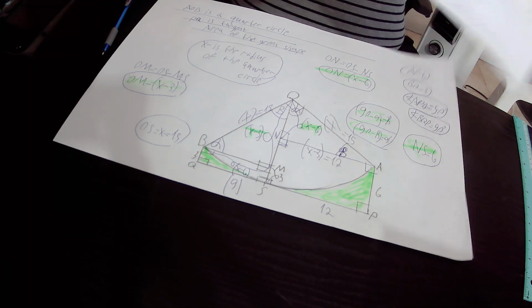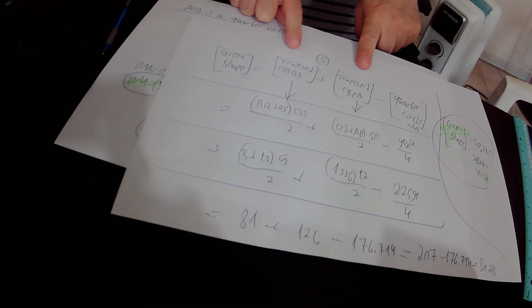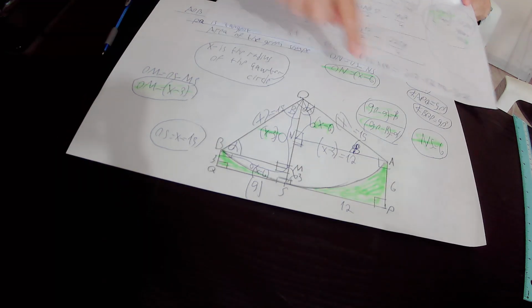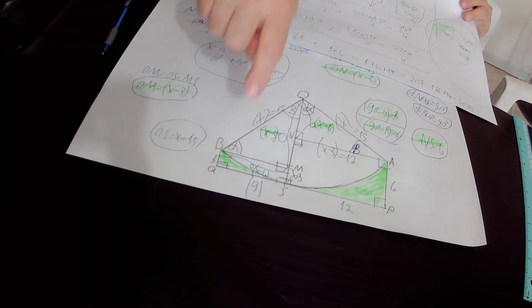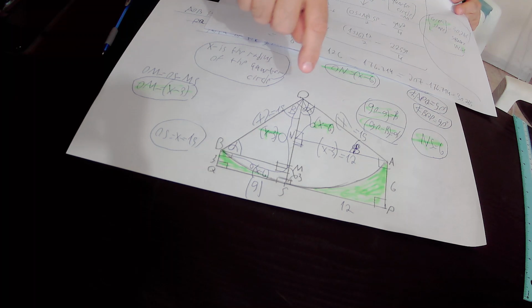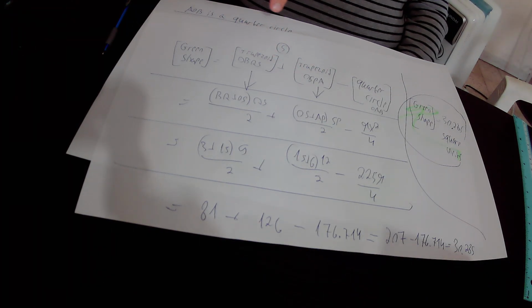The sum of the areas of the two trapezoids gives us the area of the shape in total, and when we subtract the area of the quarter circle AOB, it equals the area of the green shape.